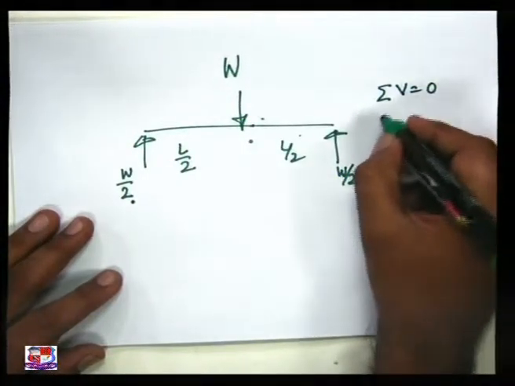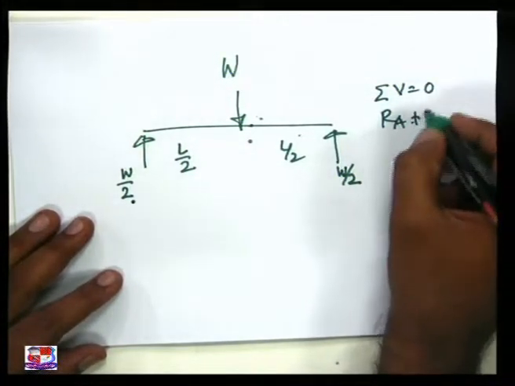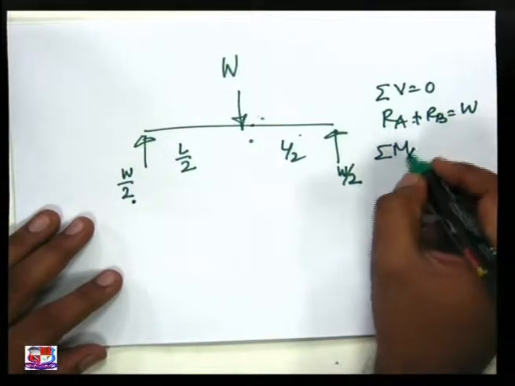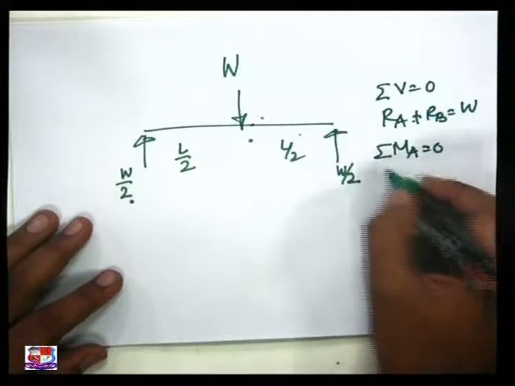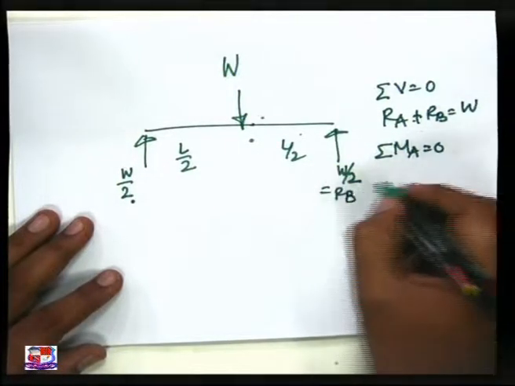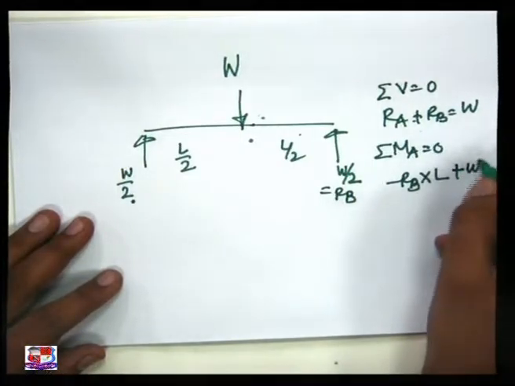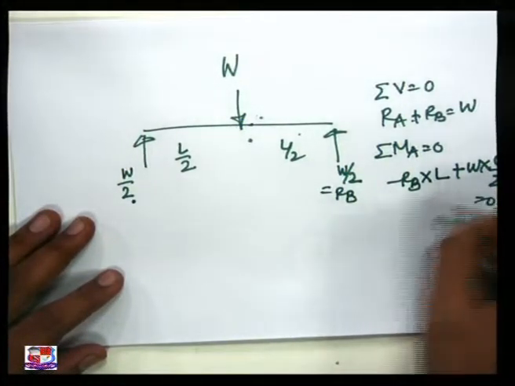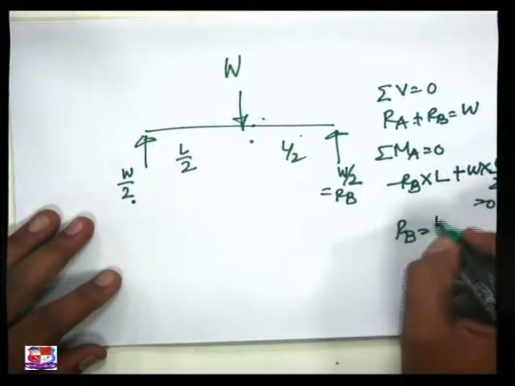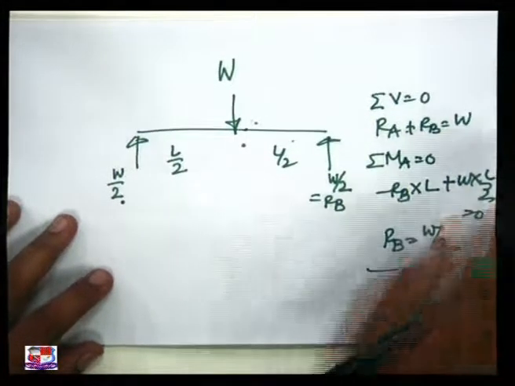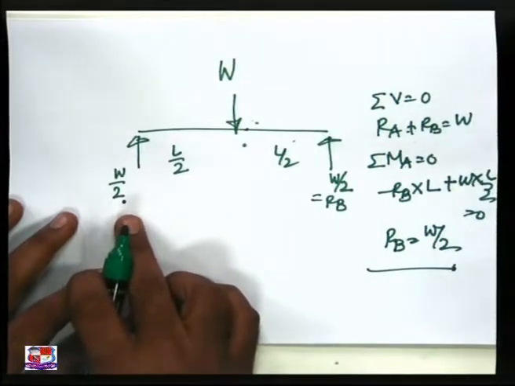Sigma V is equal to 0, RA plus RB is equal to W, and if you solve sigma MA equal to 0, then minus RB cross L plus W into L by 2 is equal to 0, and we achieve RB is equal to W by 2. Similarly, we can achieve RA is equal to W by 2.